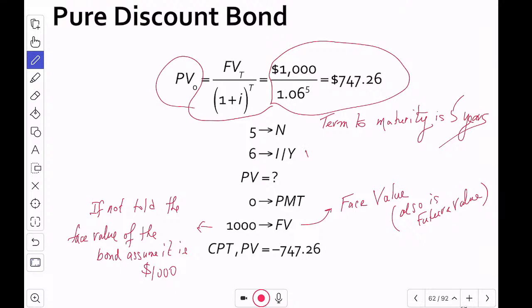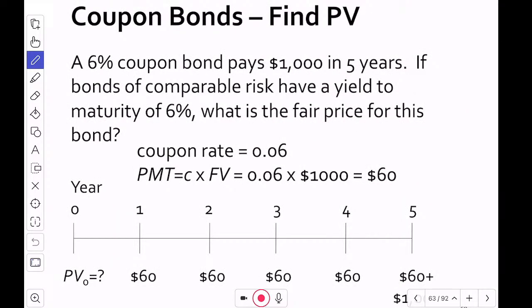I'm going to write this too. We call this yield to maturity when we talk about bonds. That's the most you're willing to pay for that deal. If someone offered for less, then it would be worth to buy it. You're getting arbitrage profit, it's called.